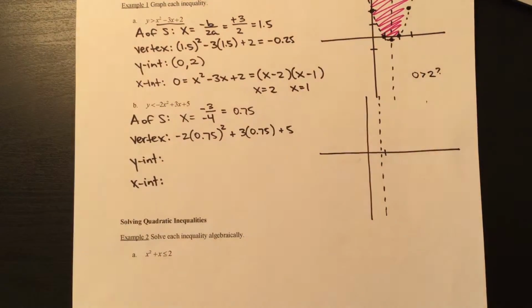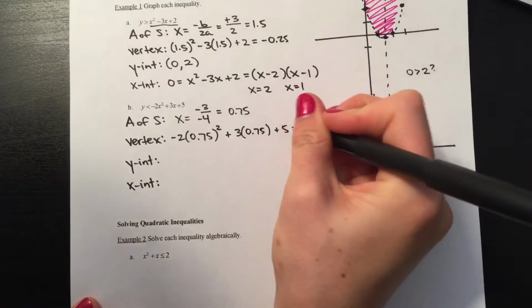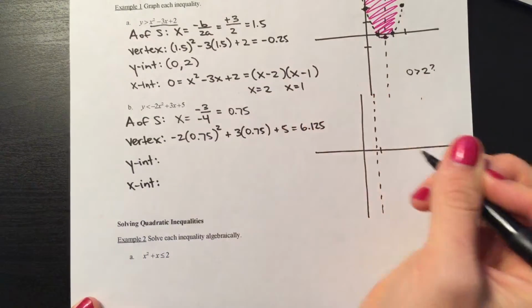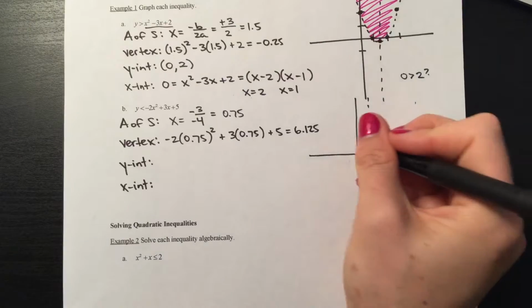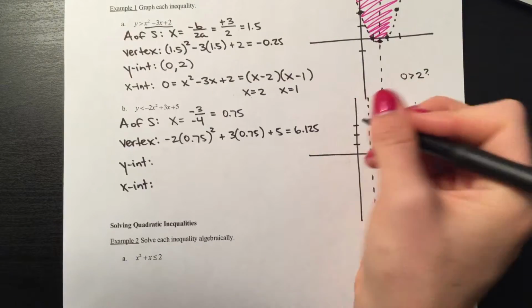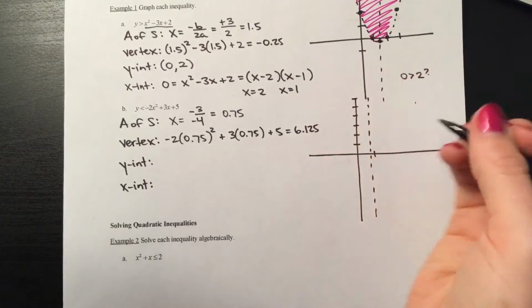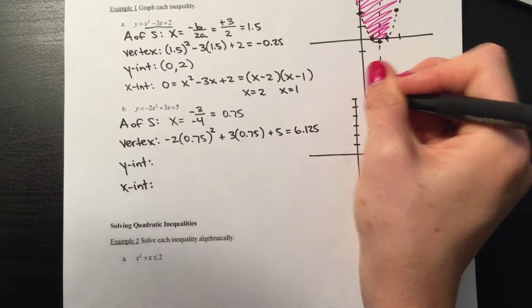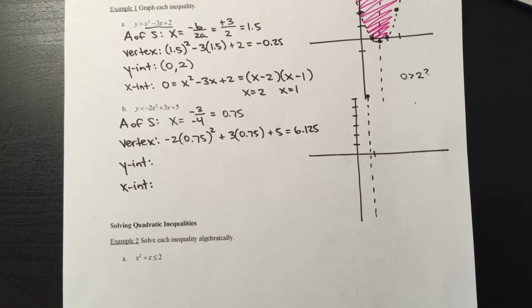So 6.125. So that means on this line, we want a y value of 6.125. So there's 6, so 6.125 would be just above it, just like that.